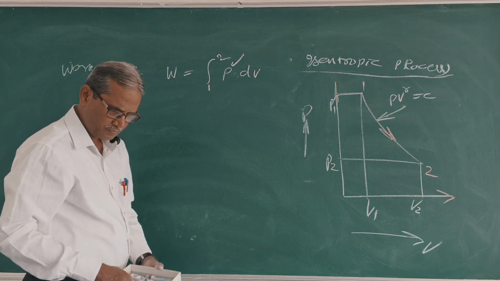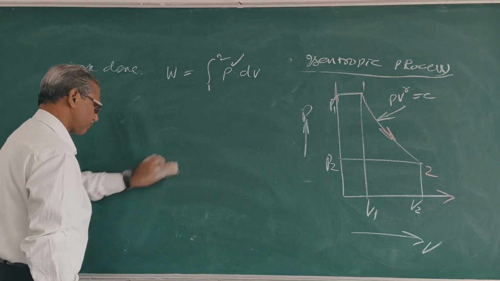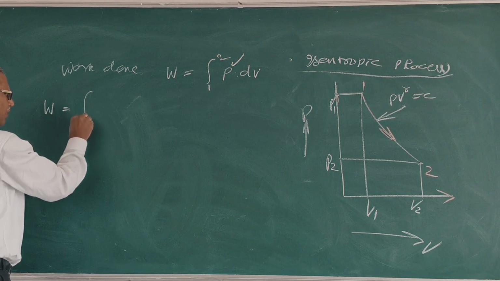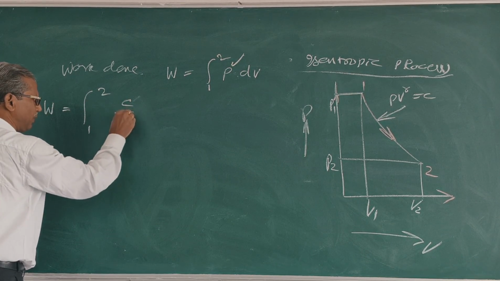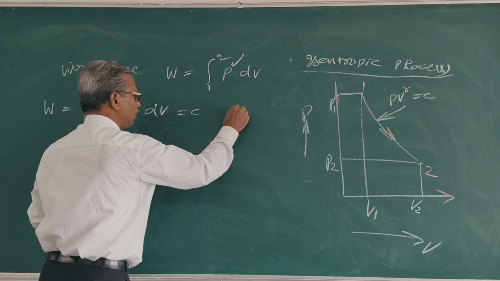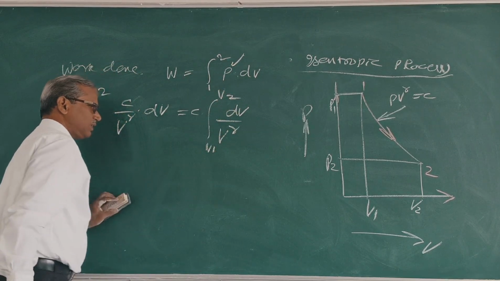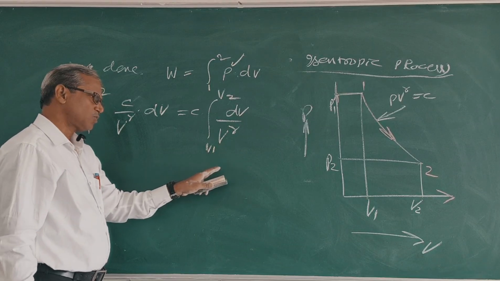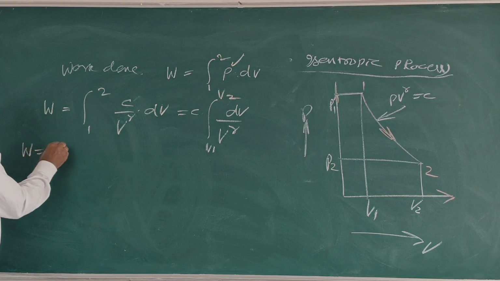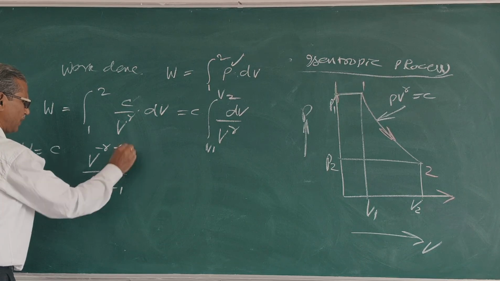Now work done is equal to the integration of C by V to the power gamma into dV. So C into dV by V to gamma, V1 to V2, because integration is with respect to V, so the limit starts from V1 to V2. So work done is equal to C into V to the power of minus gamma plus 1 by minus gamma plus 1, limit V1 to V2.